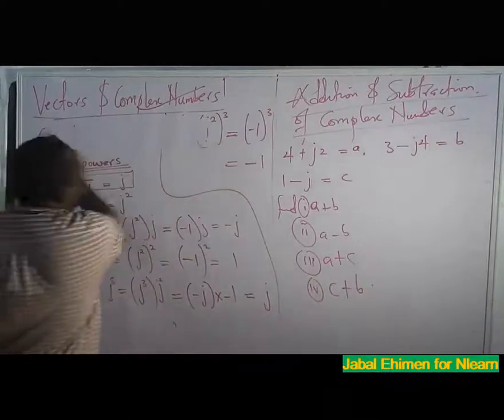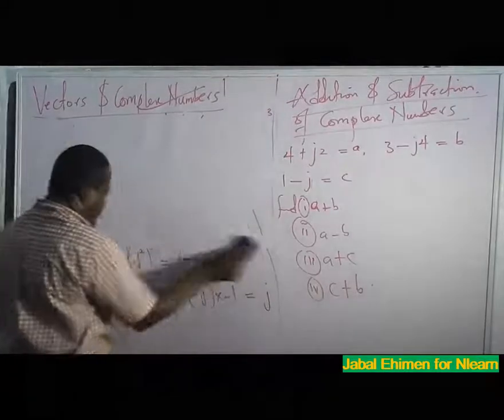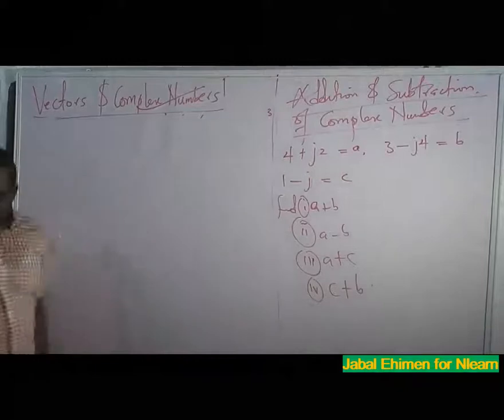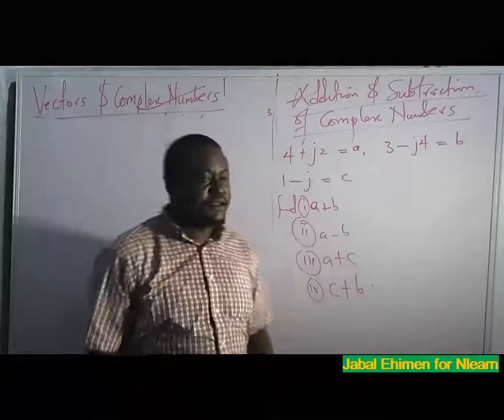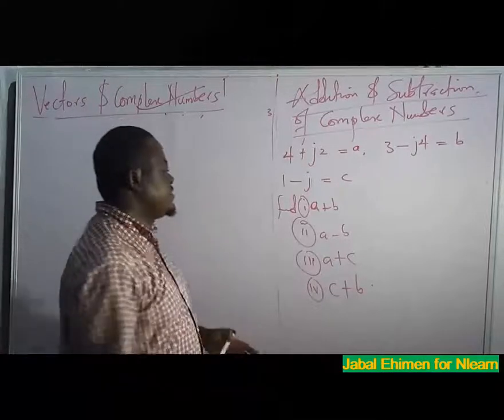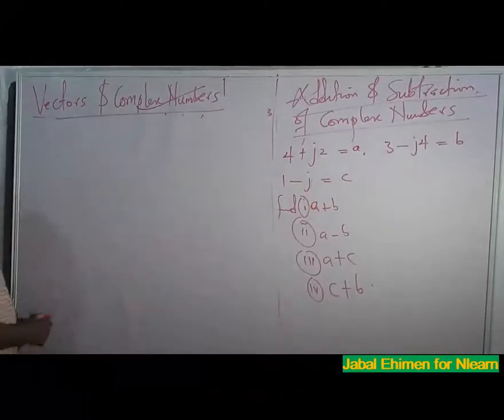Now we settle our addition and our subtraction of complex numbers. You can see that the name complex number is just a buzzword, in the sense that it's actually not complex. What's complex about this analysis? Actually nothing.